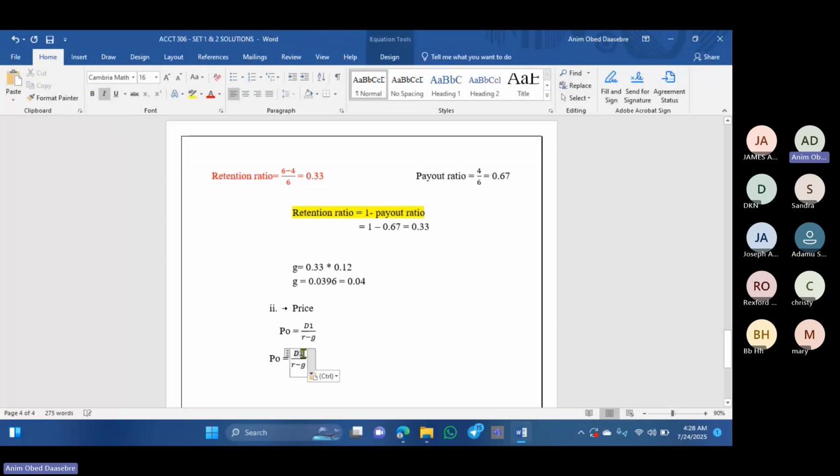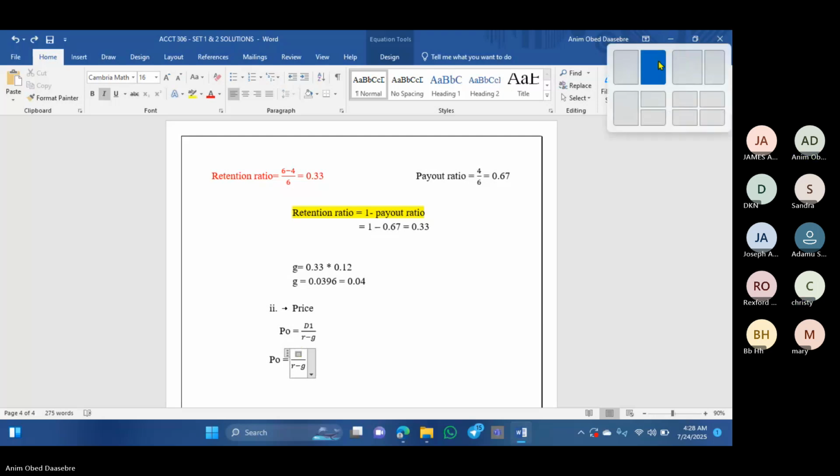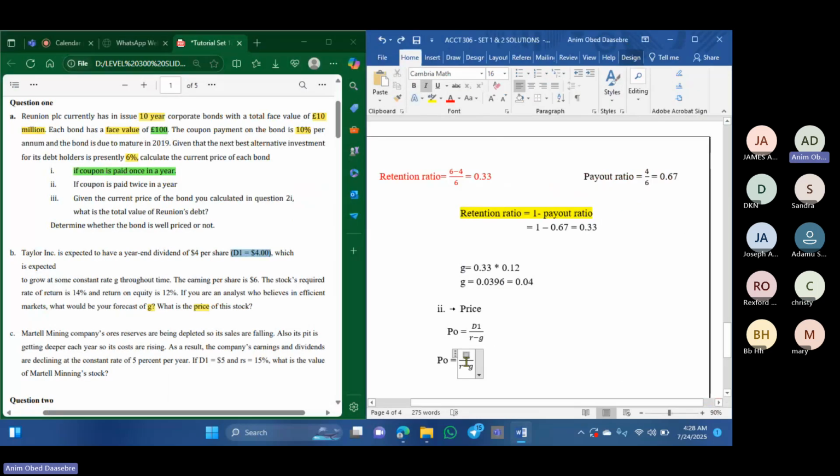So D1 is what? 4. The question D1 is what? Okay, please, which question number are you solving? 1B.